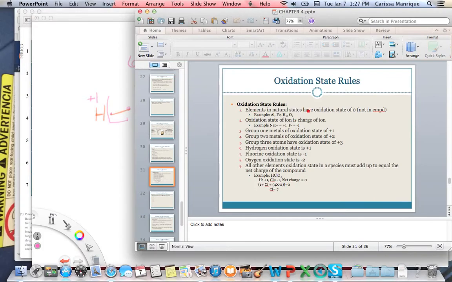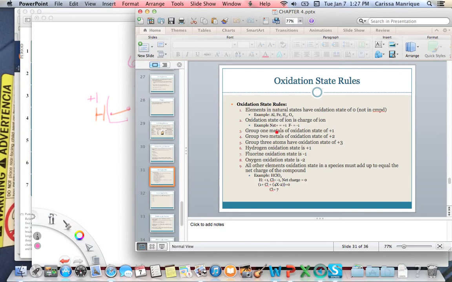Elements in their natural states have an oxidation state of 0. So if it's just solid aluminum by itself, not bonded to anything, it's 0. All right? Oxidation states of ions are the charge of the ion. So if I say that you have sodium with a plus 1 charge, that means the oxidation state is plus 1.